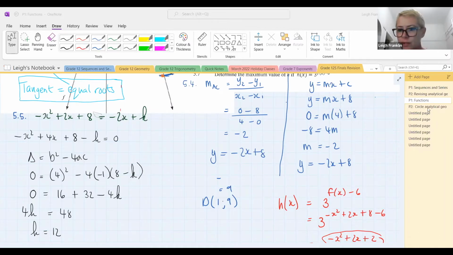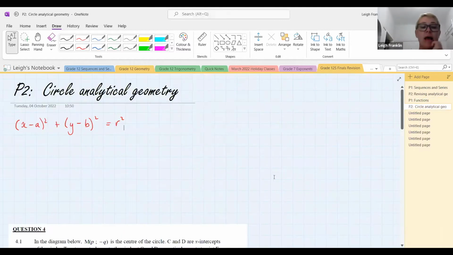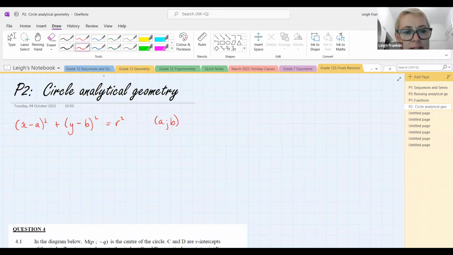Okay, so what I'm going to do is I'm going to fly back to circles and we can continue talking about this. Okay, so circles not centered at the origin. If we change the coordinates of a and b, that gives us the coordinates at the center. Over here, what does the letter r represent?